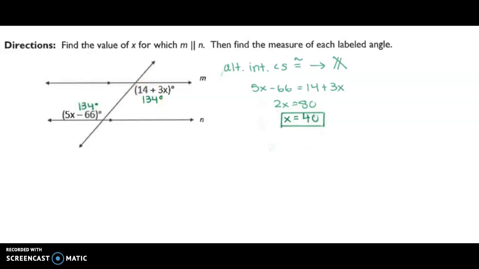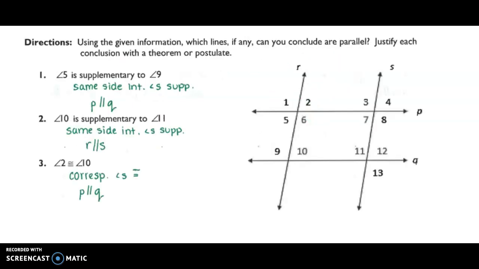Okay. And then here, just some practice, to make sure that these lines are parallel, right? 5 is supplementary to 9. Those are same side interior angles, so that must mean that line P is parallel to line Q.